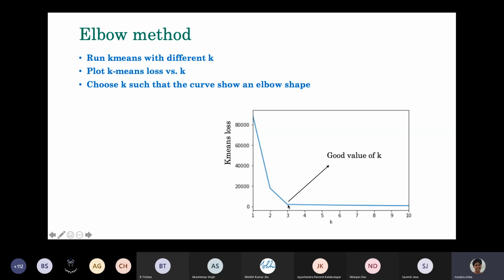So at this point, this is a good value of k to cut, because for this particular k value, I am almost reaching the minimum of the loss, and also if I keep on increasing k value, I don't stand much to gain. So I cut at this point. So in this case, say that k is equal to 3. This is the elbow method to identify k.